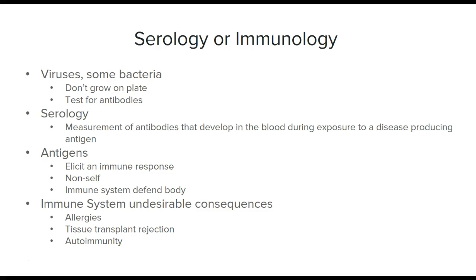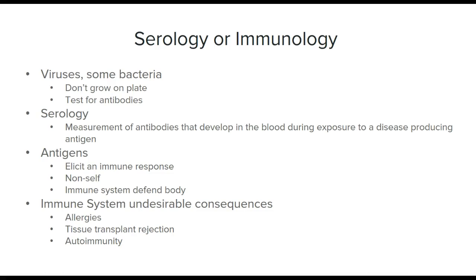And also, whenever we have a patient who gets a transplanted organ, maybe they get a heart transplant, and their body starts to reject it, that's caused by our immune system.